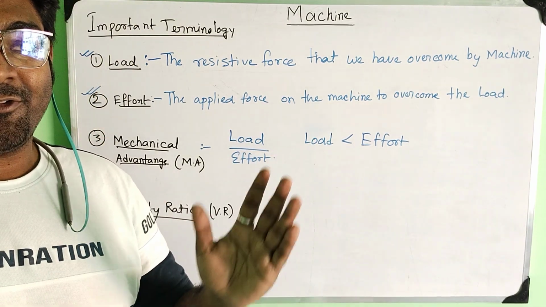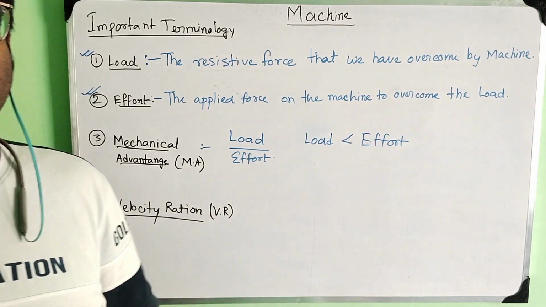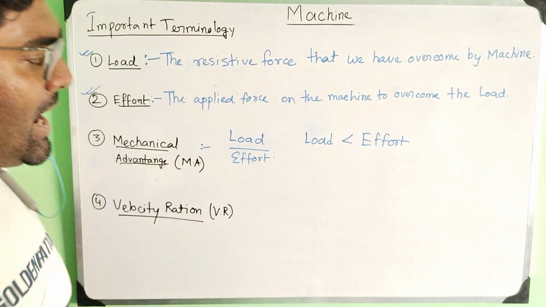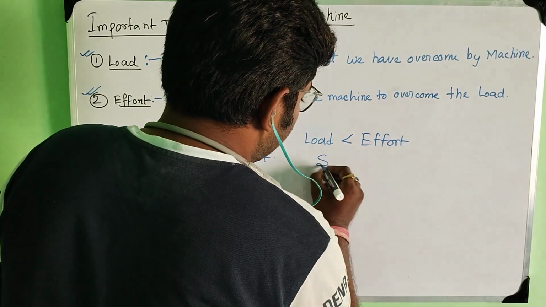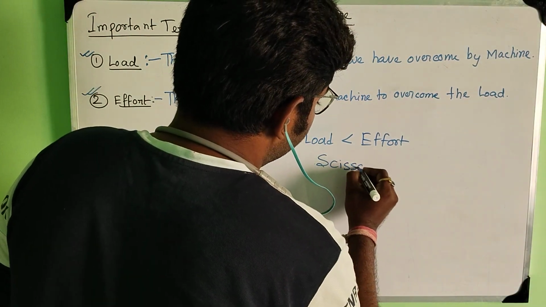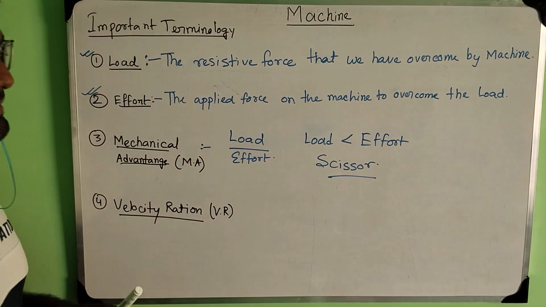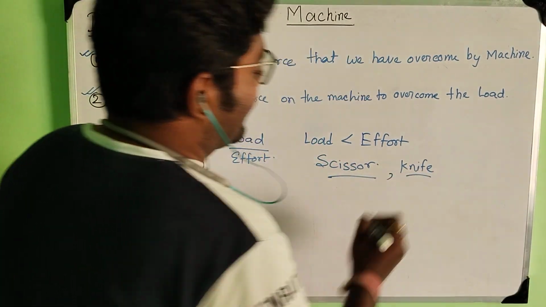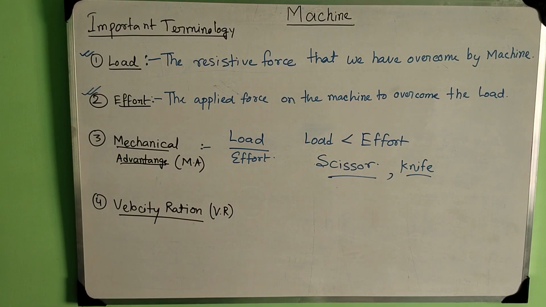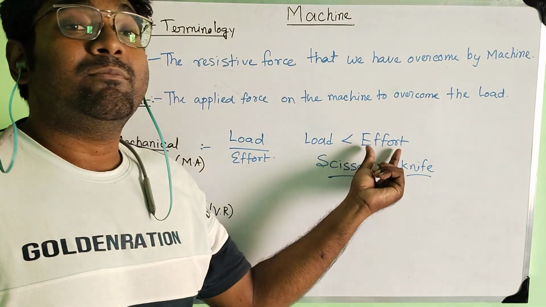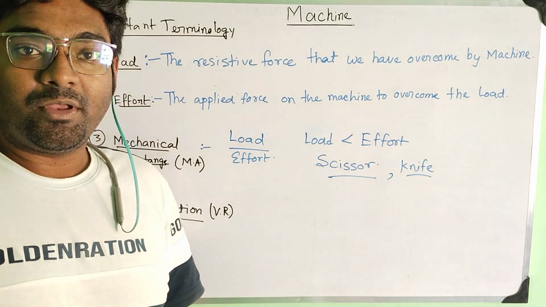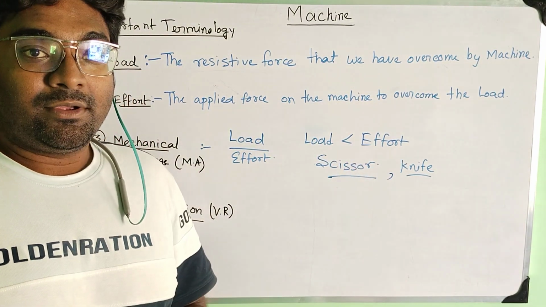Then what is the use of such machines? I will give some examples: scissor, knife. These are examples of machines where we have to give more effort, but the load is very low, lower than the effort.